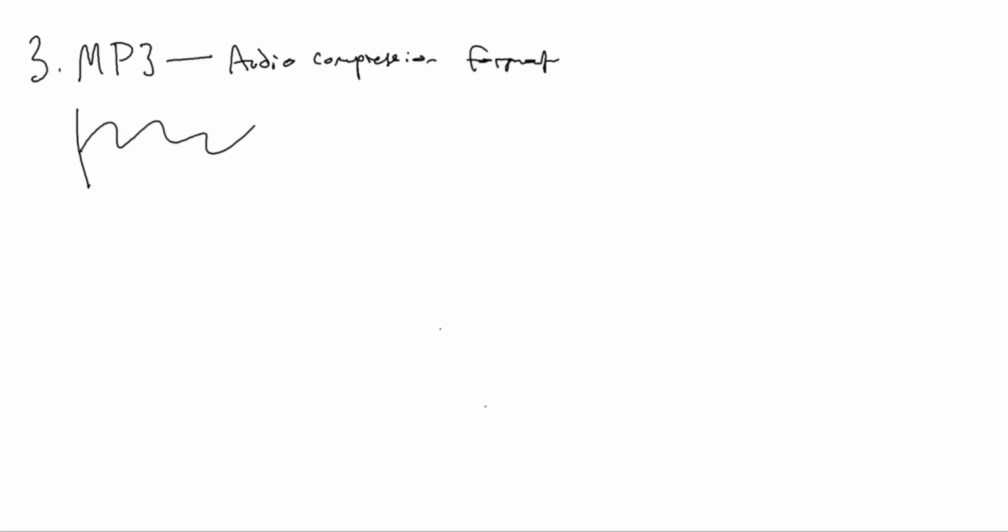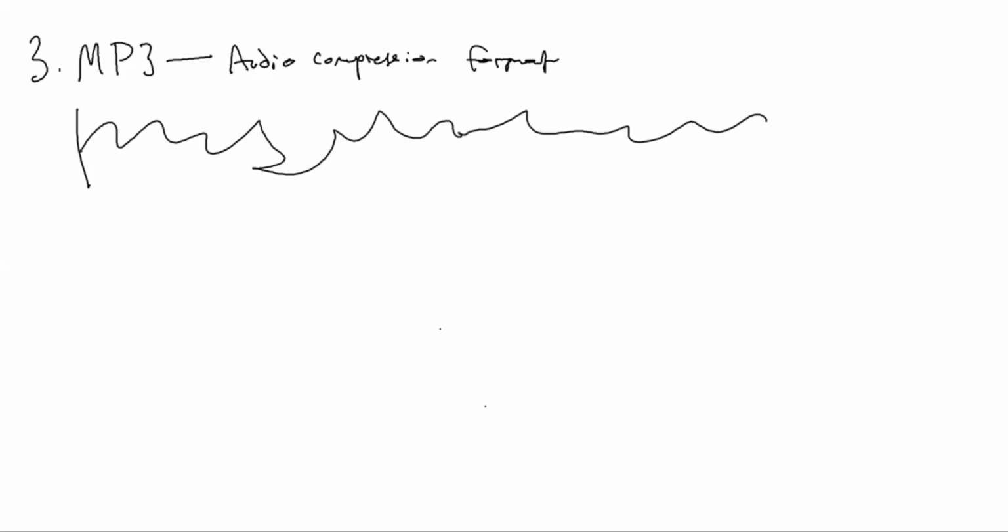So what is MP3? It's an audio compression format. I'm not sure what exactly has happened to my writing, but anyway. Suppose you have a song. What's a song? Well, a song is actually just a function.